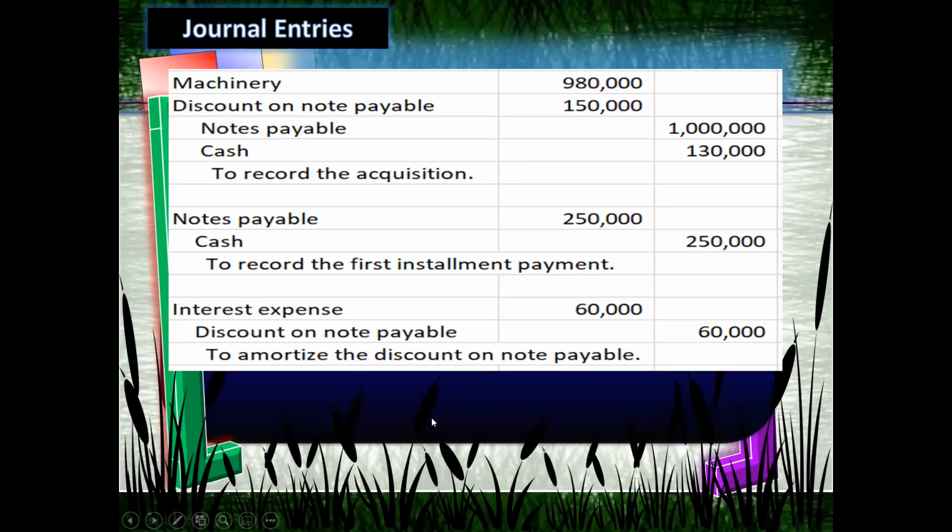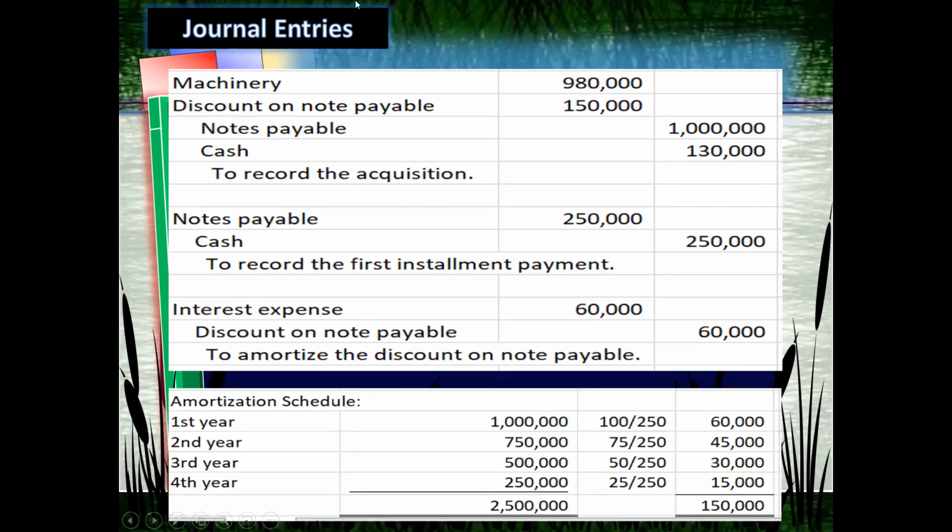Okay. Now, this is the entry. Ito yung entry natin in relation to the previous problem. So, when we purchase the machinery, ito yung entry natin, yung acquisition. So, debit tayo ng machinery at 980,000. So, again, that's the cash price equivalent of 950 plus the installation cost of 30,000. So, that's a total of 980,000. So, magde-debit tayo ng discount on notes payable amounting to 150,000. Notes payable of 1 million.